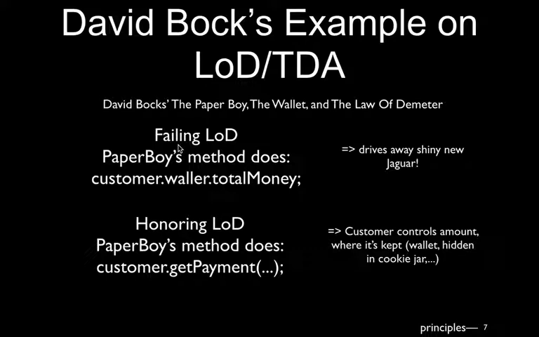So he goes to the customer and says, knock knock, I'm here to get paid, I want money for the paper I've been delivering. The customer says, oh, of course, but I'm pretty lazy right now. Do me a favor, Johnny. Walk right through the door, walk all the way to the end to the kitchen, and in the third shelf, open the drawer, and there's a cookie jar, and within the cookie jar, there is cash. And the paper boy, of course, now drives away in his Jaguar.